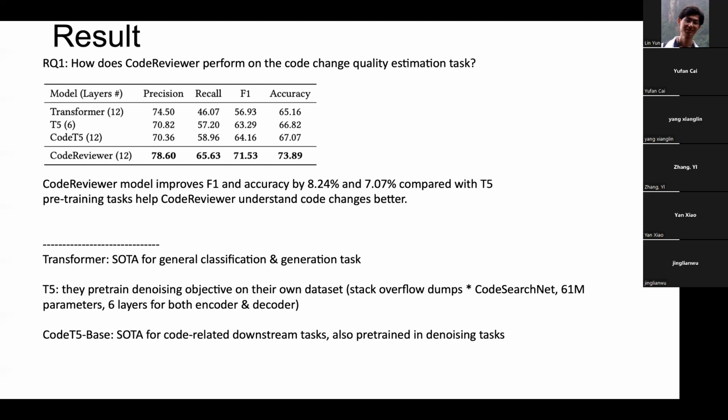Maybe I ask a question like this: what are their claimed contributions? You predict whether the code difference is good or not. So they provided a new application, or a new model architecture to handle this application, or both.